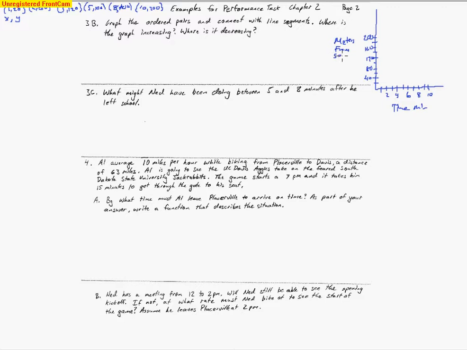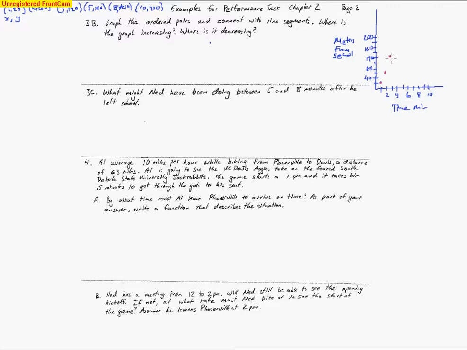What they want us to do is graph this and then explain where the graph is increasing and where it is decreasing. So let's graph these points. At 1 minute, we were 20 meters from school, so that's the point there. I'll change colors so it's easier to see. After 2 minutes, we were 60 meters from school. After 3 minutes, we were 120 meters from school.